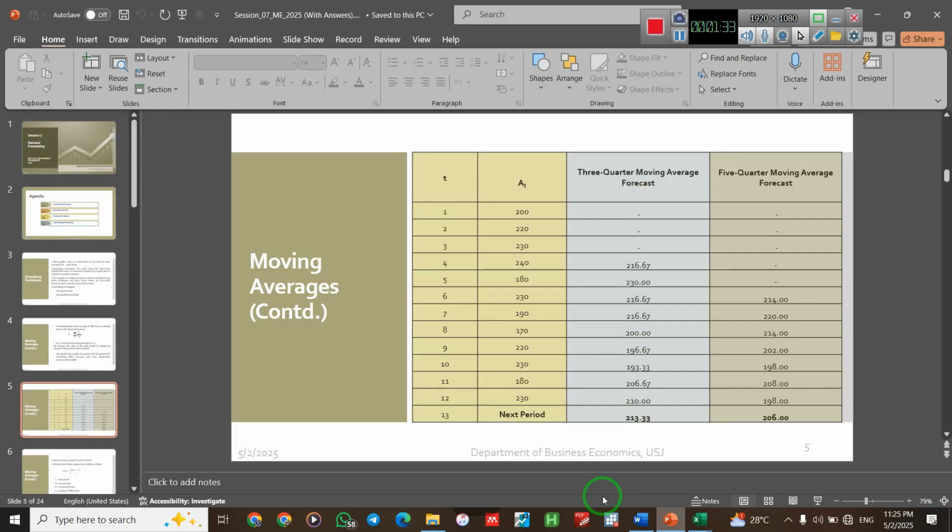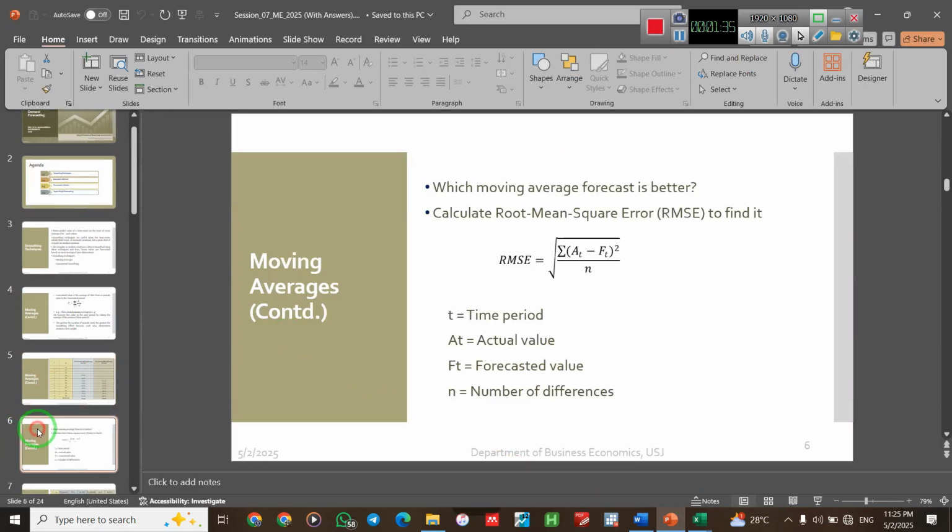So in your lecture you have learned about this, right? This is a slide about RMSE. Basically we use this RMSE, or the root mean square error, to identify which provides the most accurate value.